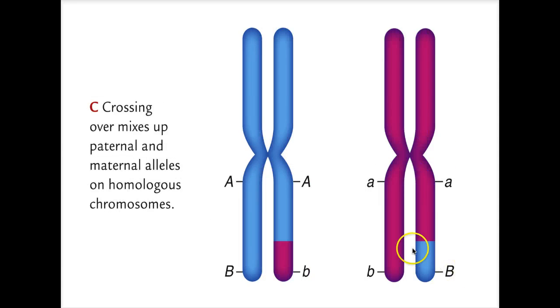The end result is the chromosomes from the father are no longer containing the dominant genes for both A and B. The B is now a recessive gene that came from the mother, and the dominant B gene that was from the father is now on the chromosome from the mother. So this is a crossing over event, which is in essence a swapping of the genetic material, which again increases genetic variability.